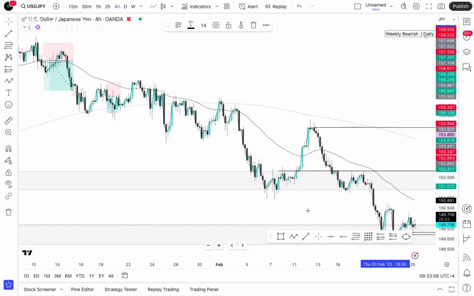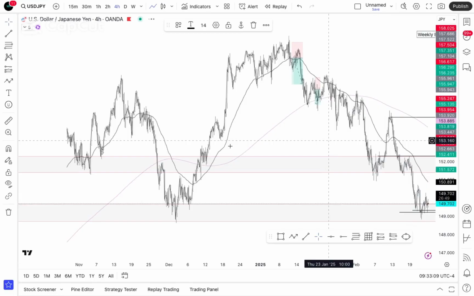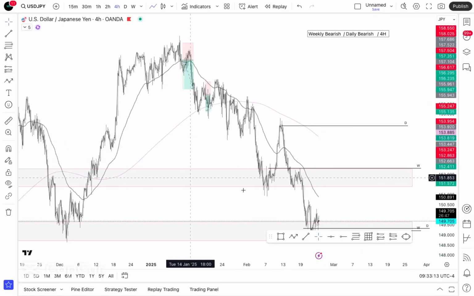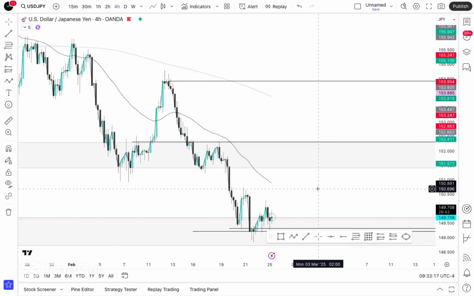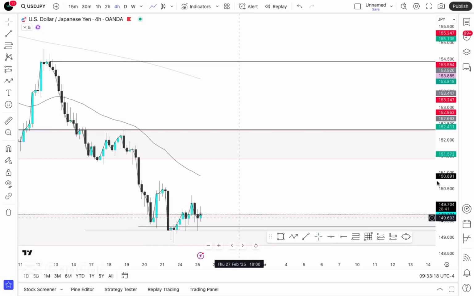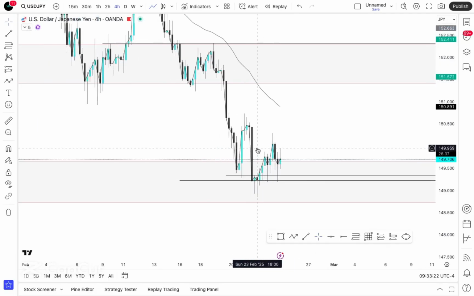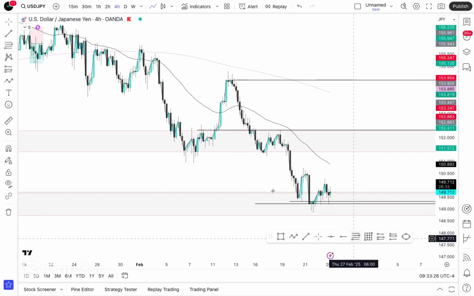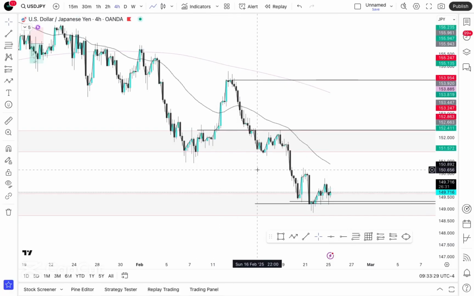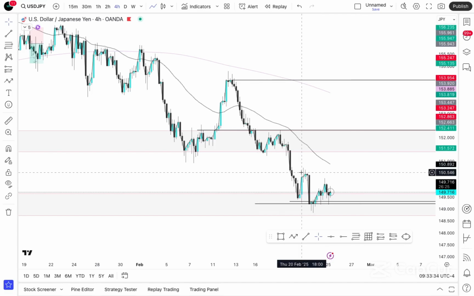4 hours. So 4 hours as well. We can see the AOIs were respected. So now we see price is having the pullback, the retracement to the area that we want to target for a good sell. Remember that because this is the downtrend market, we want to secure positions, so we want to wait for the sell to happen.